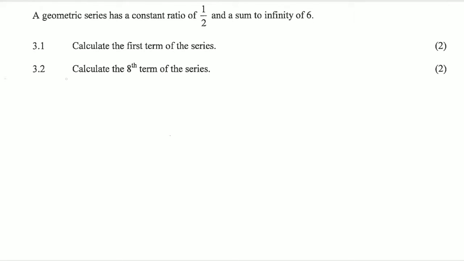In part 3.2, we have to calculate the 8th term of the series. The formula for the general term of a geometric series is term n equals a times r to the power n minus 1. We're looking for term 8, which is a, which we worked out to be 3 in the previous part, r is given as half, to the power 8 minus 1.